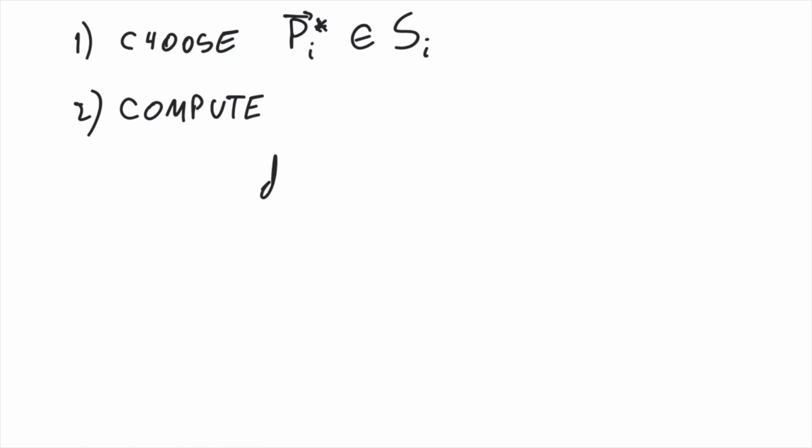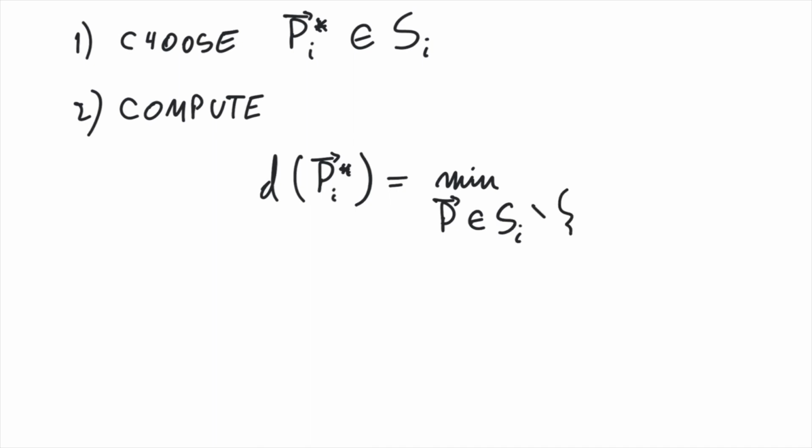So I will call this distance d of P star, and this is defined as the minimum over all points P that belong to set Si but are not the point that we have chosen, P star, and the distance is just the norm of P minus P star.